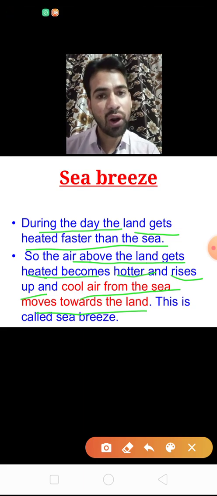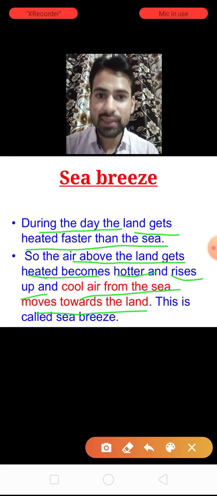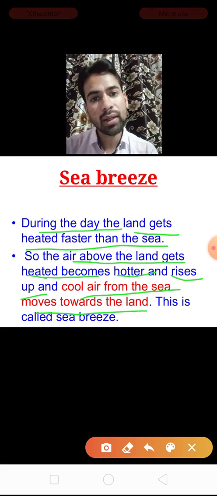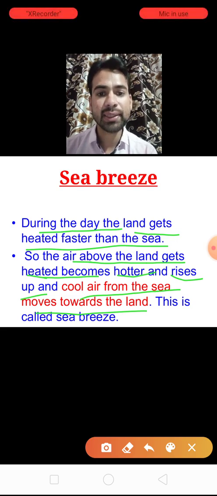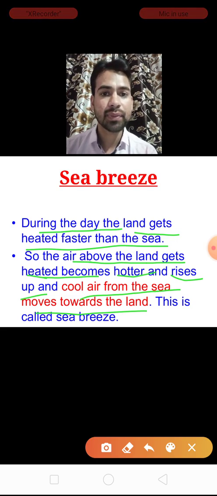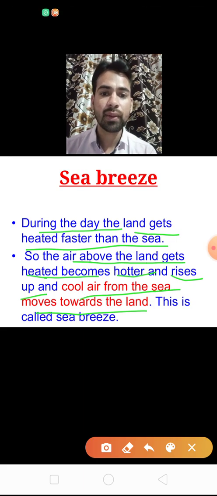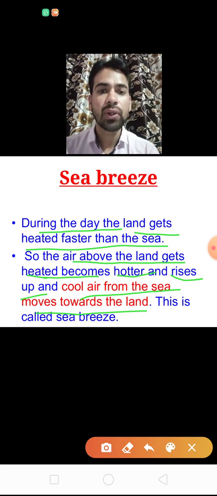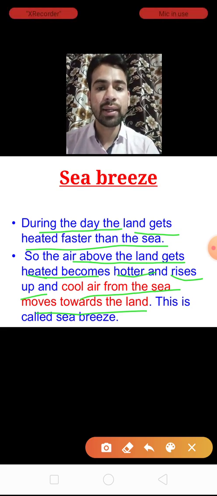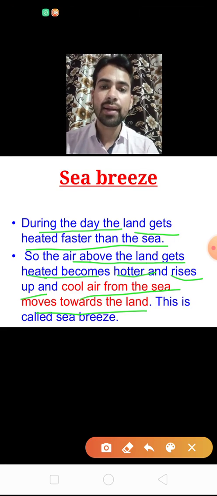It means hot air goes to the sea and cool air comes to the land. This is called sea breeze. Clear? I repeat once again. During the day, land gets heated faster than sea, so the air above the land gets heated, becomes hotter, and rises up.